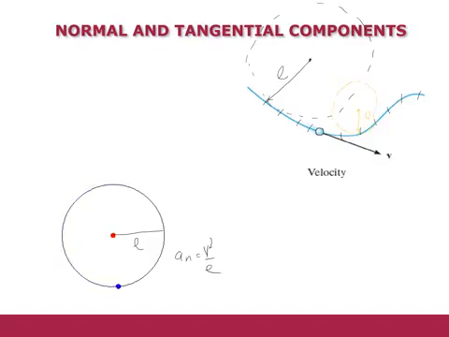So we can say that this curve is composed of different arcs, each part of a greater circle having the radius of curvature rho.